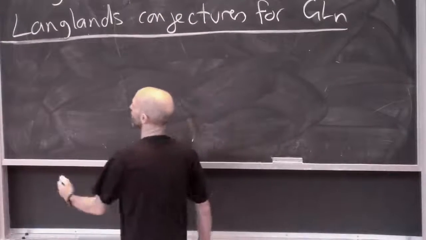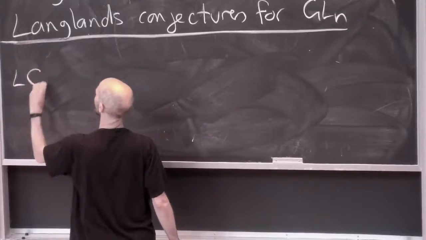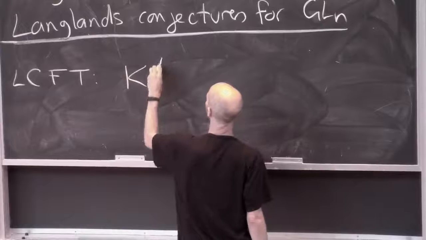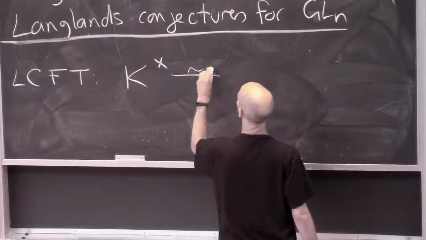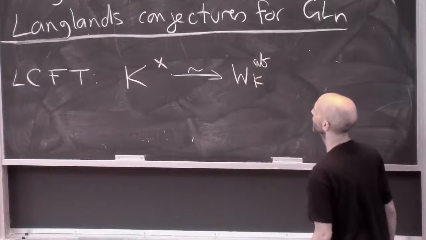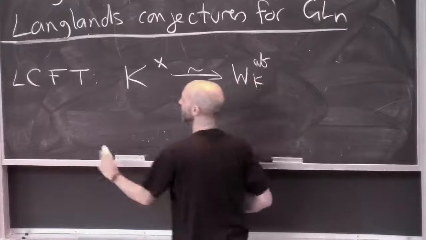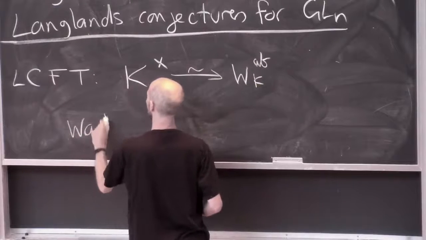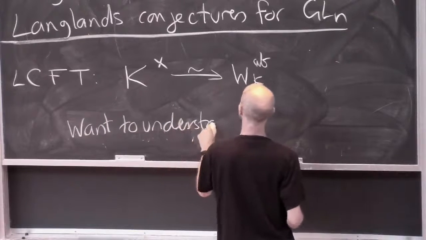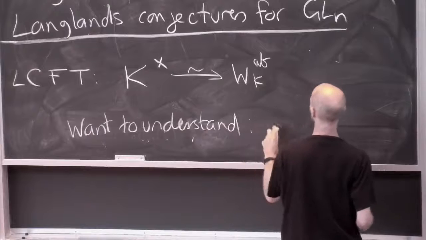So we've seen what class field theory says. Local class field theory says that K star is isomorphic to W_K ab. Right? And what we really want to understand is all of W_K, right?